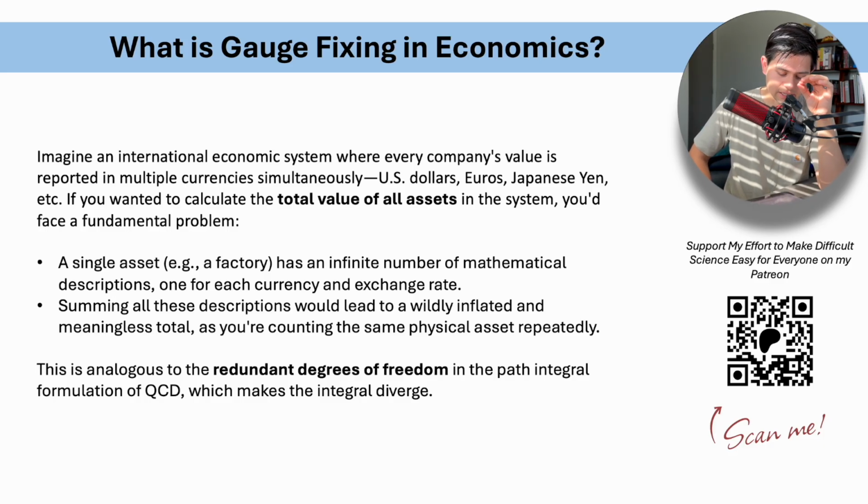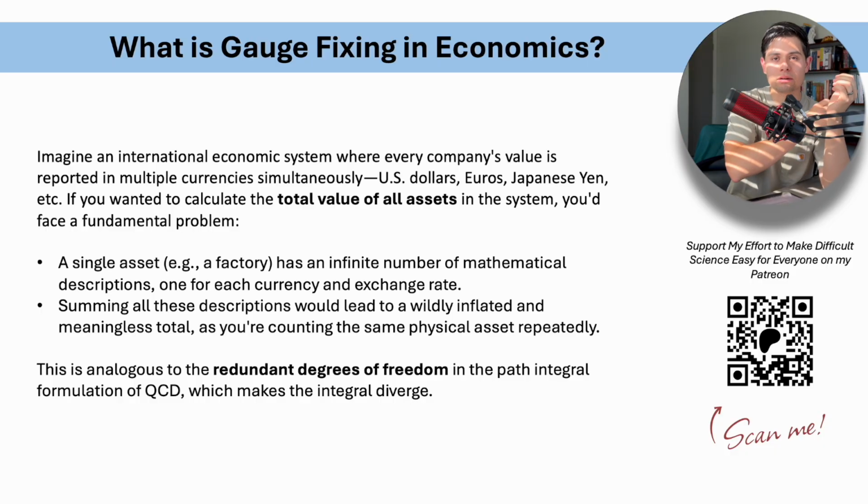So a single asset, i.e. a factory, has an infinite number of mathematical descriptions, one for each currency and exchange rate. So summing all of these descriptions would lead to a widely inflated and meaningless total as you're counting the same physical asset repeatedly. And this is analogous to the redundant degrees of freedom in the path integral formulation for QCD, which is what we'll come across later. But there's this idea of redundant degrees of freedom in QCD that we need to get rid of.